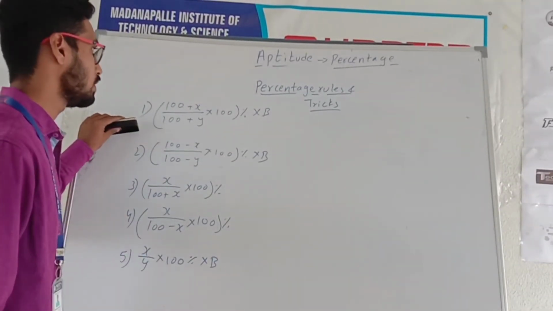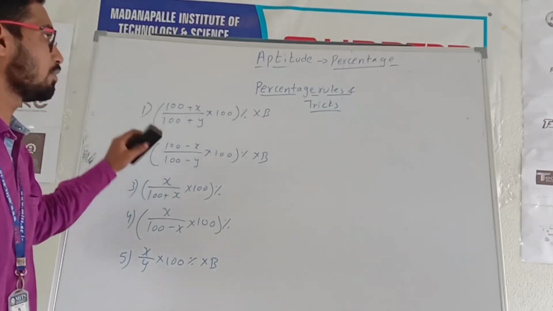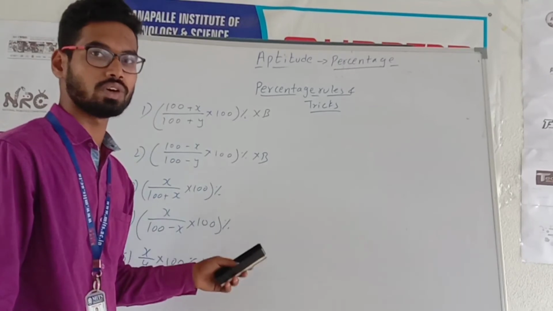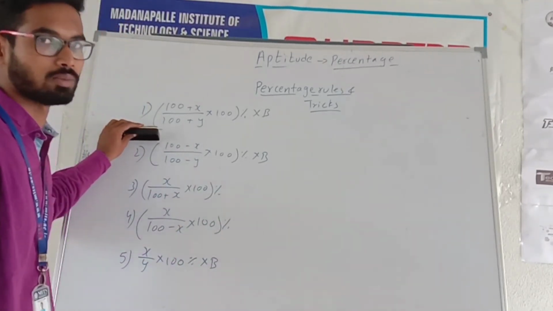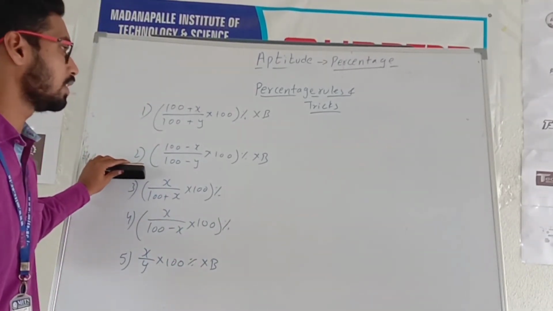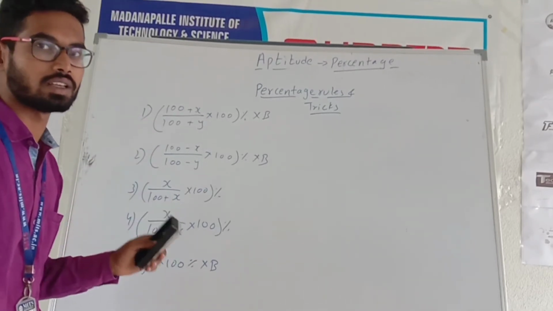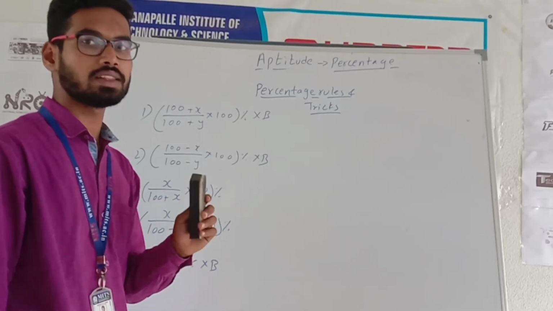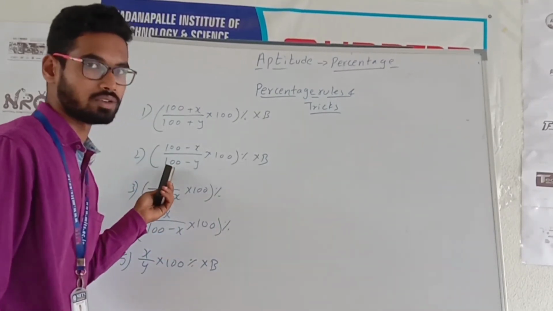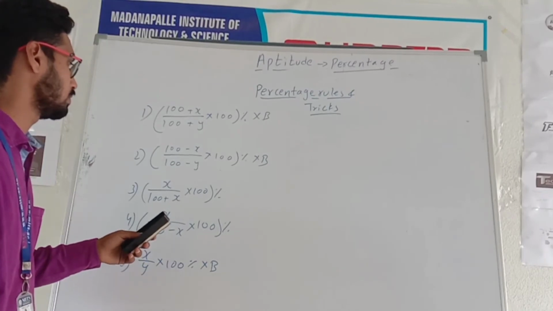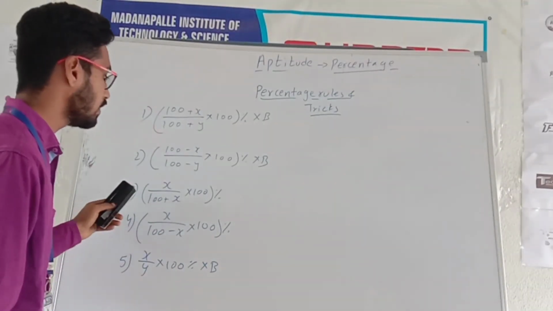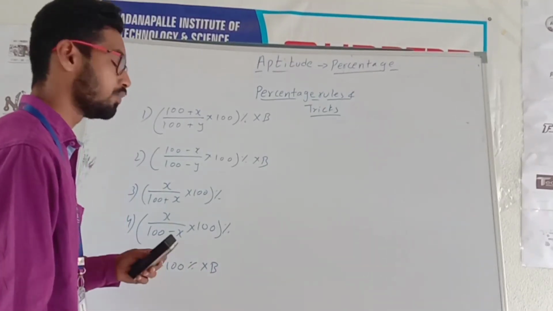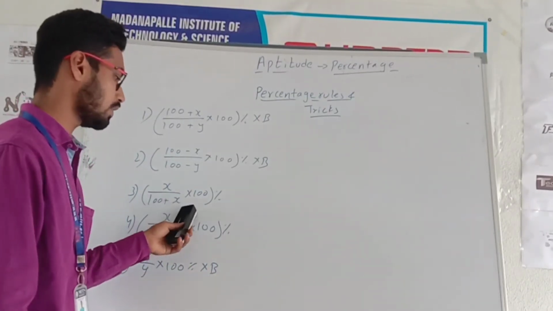The first formula is used if two percentage values are given and the third value is greater than the preceding two values. The second formula is used if three values are given in a question and comparatively two values are greater than the third value. If the cost of expenditure is more and the consumption is less, to find the profit and loss, this formula is helpful.